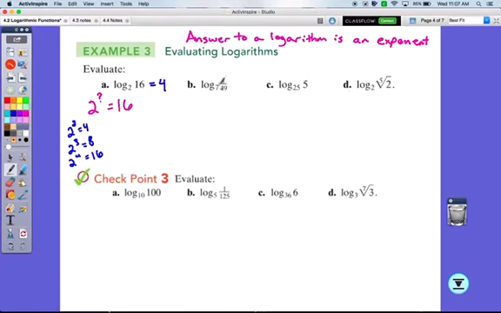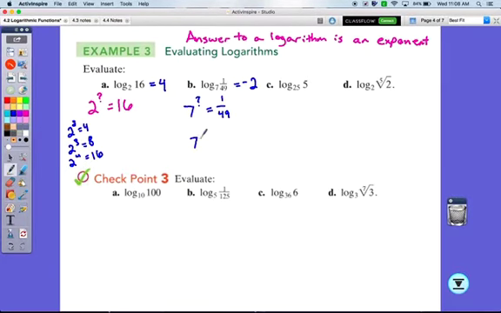All right, B. I've got 7 to what power, which is our answer, is equal to 1 over 49. If it was just 49, we would definitely know our answer is 2, because 7 squared is 49. But the 49 is on the bottom, and if we remember from exponents, a negative exponent moves it to the bottom.